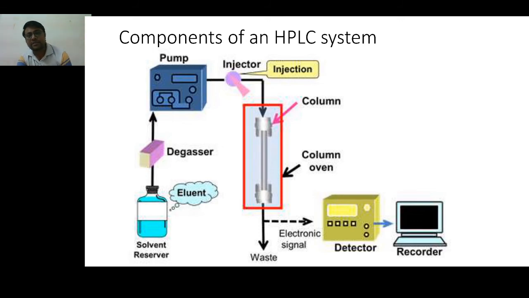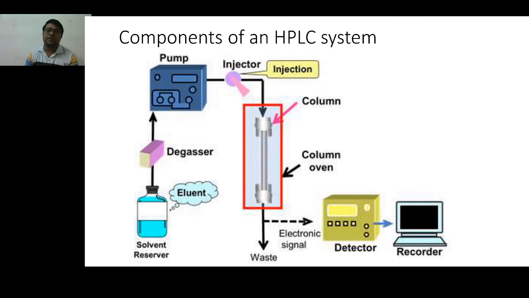Then the injector, whose function is to accept the analyte from the injection. Nowadays automatic systems are available: one just puts the vials in the tray and the instrument takes the sample from the vials and pushes it into the column.